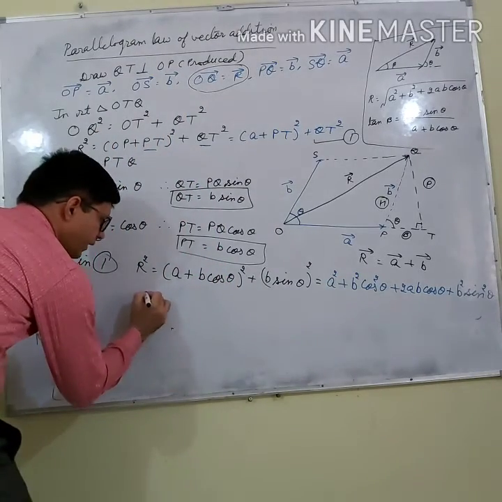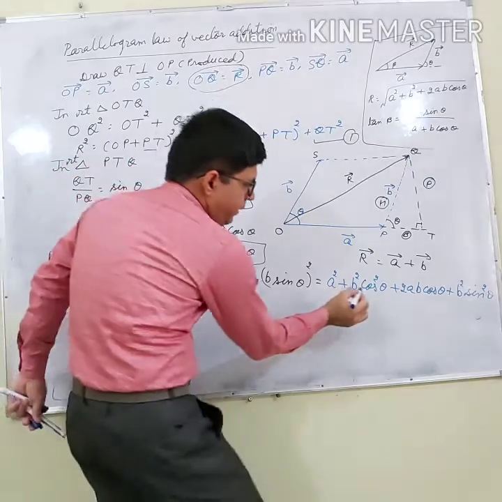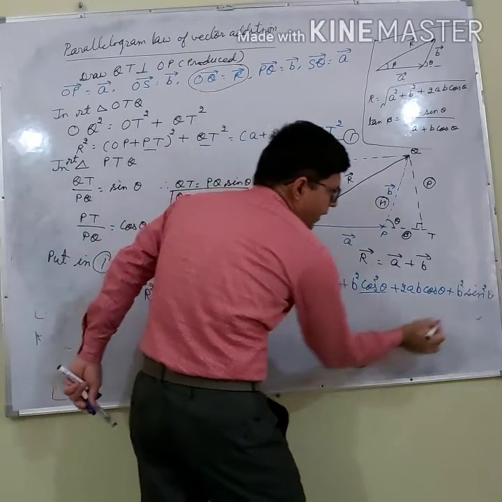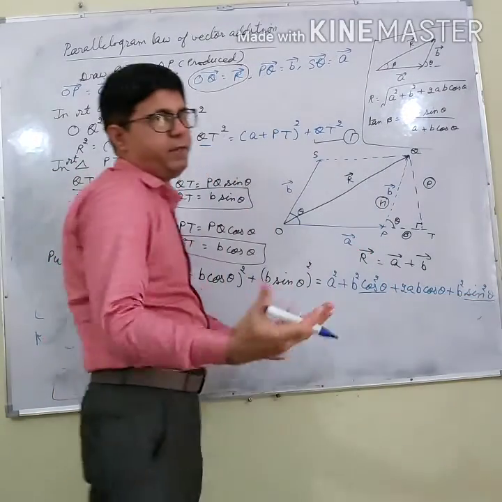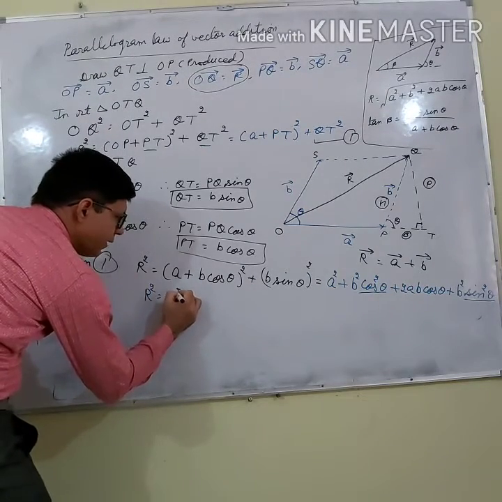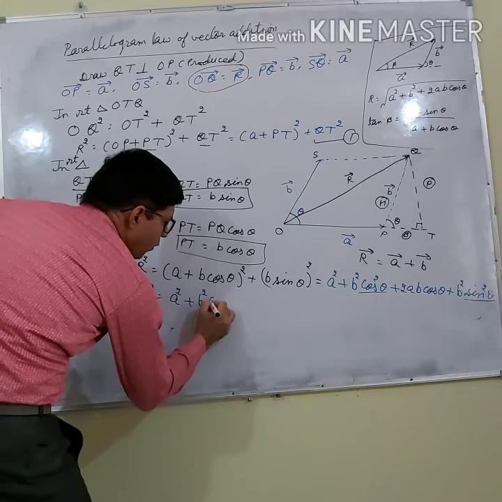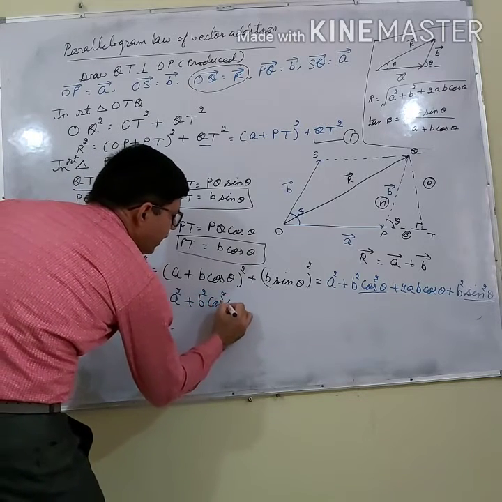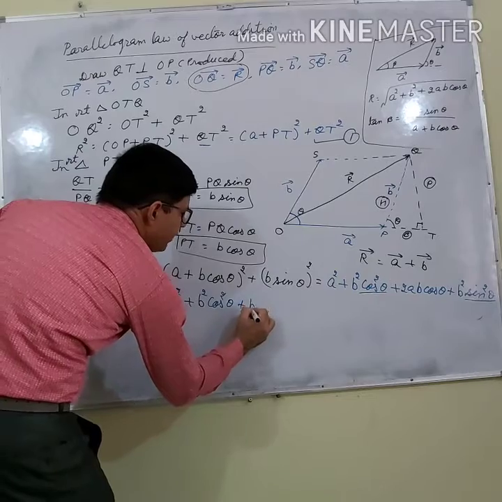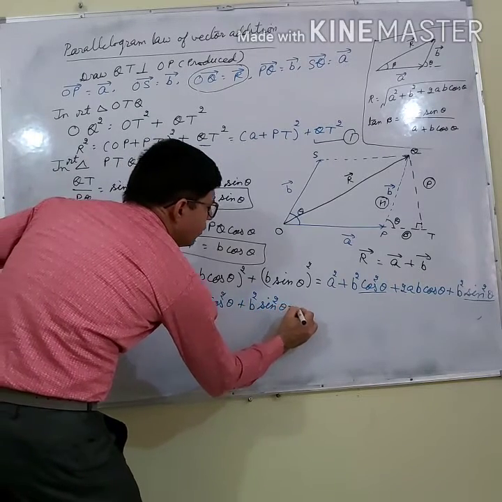Alright? So I can write R square equals A square plus B square cos square theta plus B square sin square theta plus 2AB cos theta.